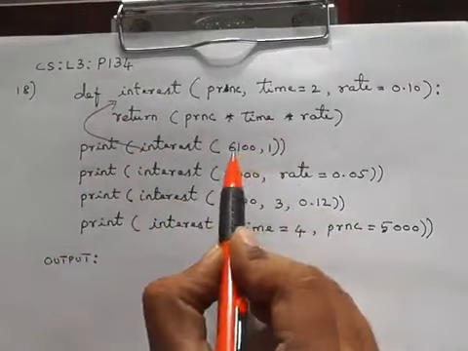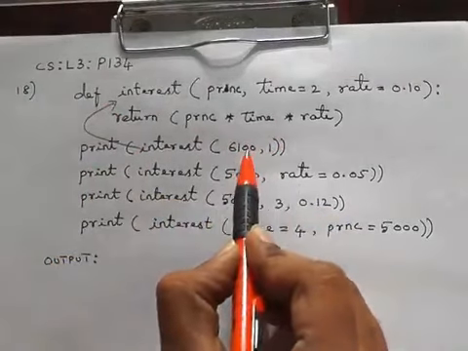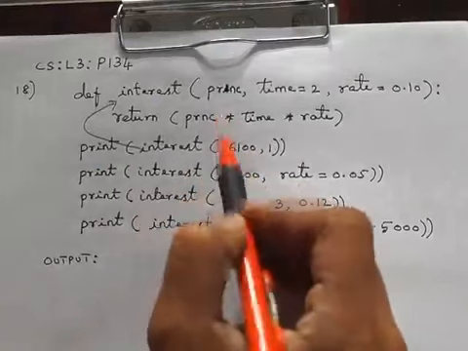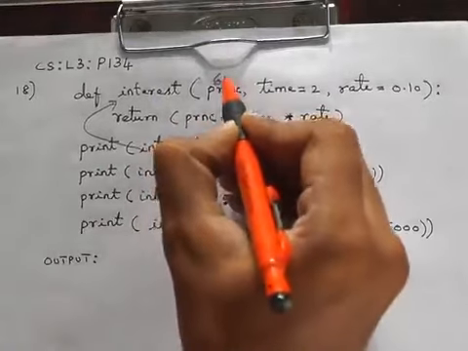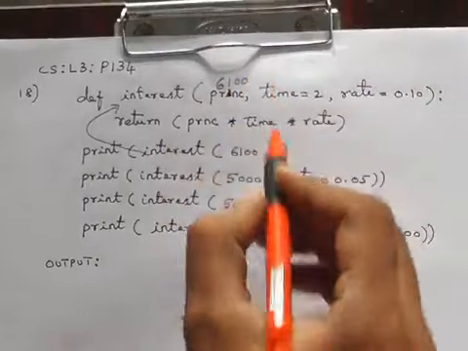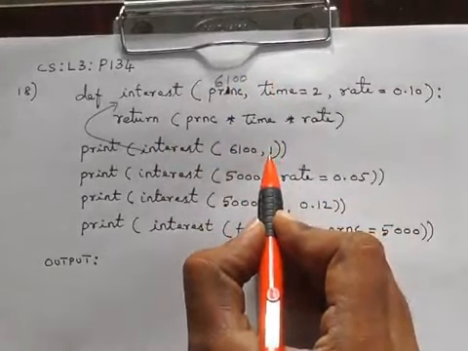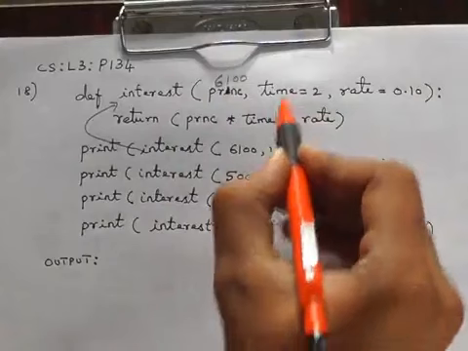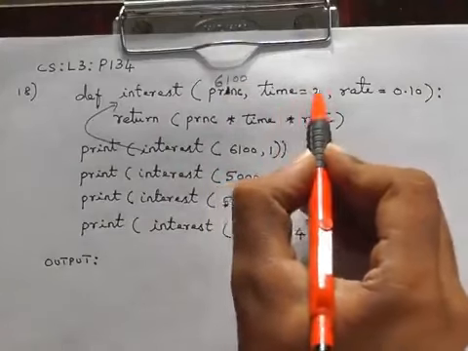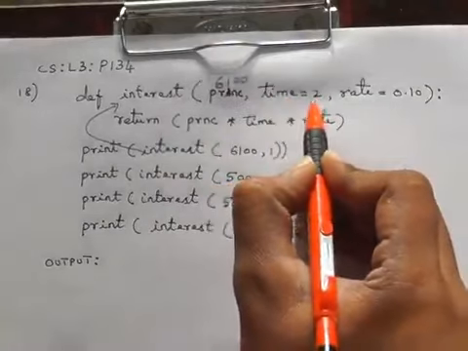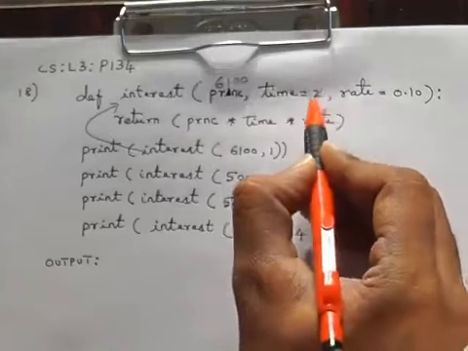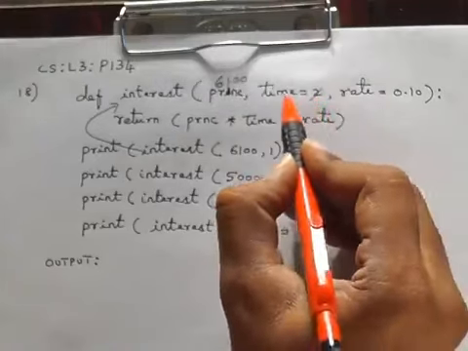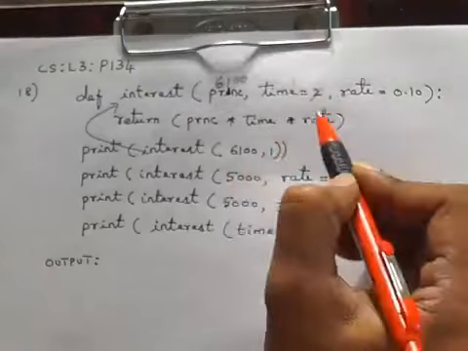Such that this 6100 will be transferred to principal, so here we can write 6100, and the next value will be transferred to the next argument. Here the time value is already 2, this 2 will be cancelled temporarily. Now the time value is 1.